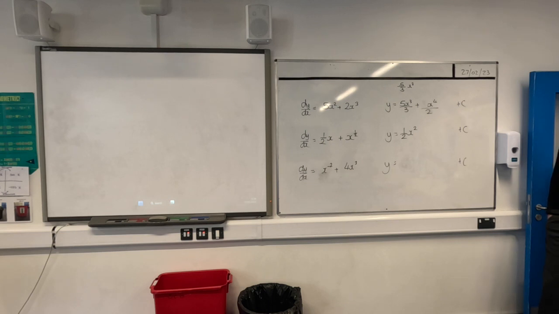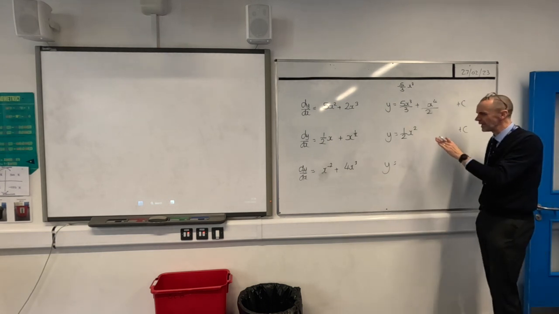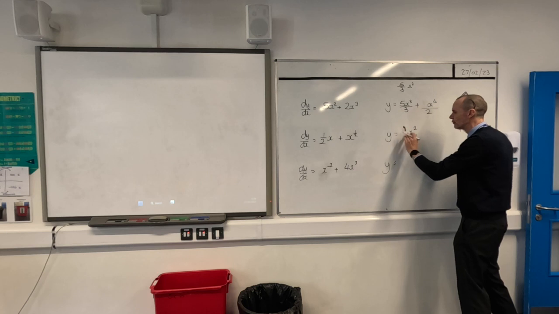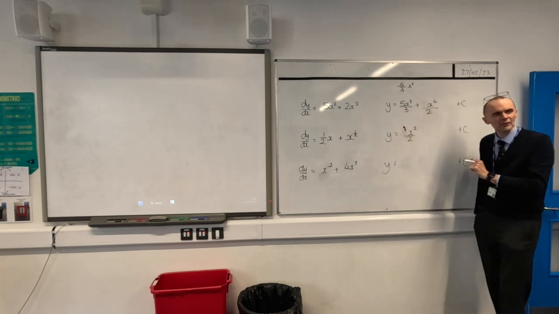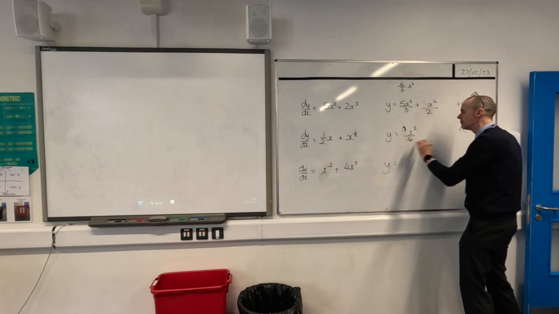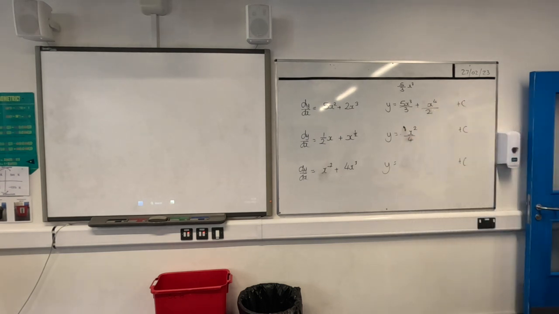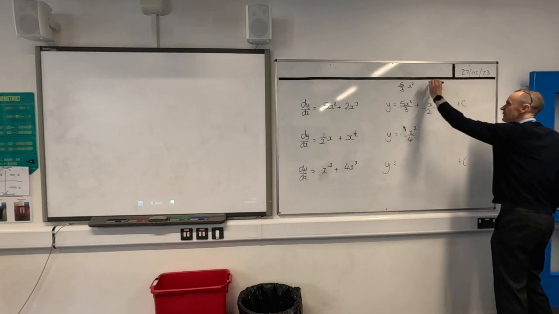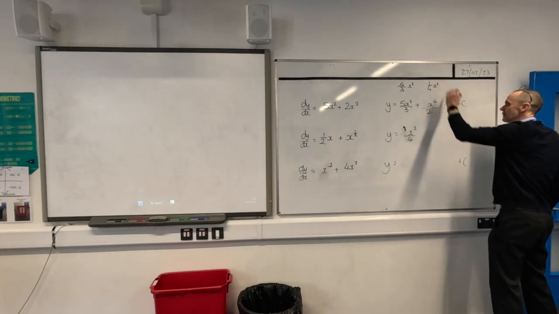And we talked about this on Friday. I'm effectively a half of something. I'm effectively already saying that's a half. I'm now going to divide by 2 again, so that becomes x to the power of 2/4, or 1/4 of x to the power of 2.